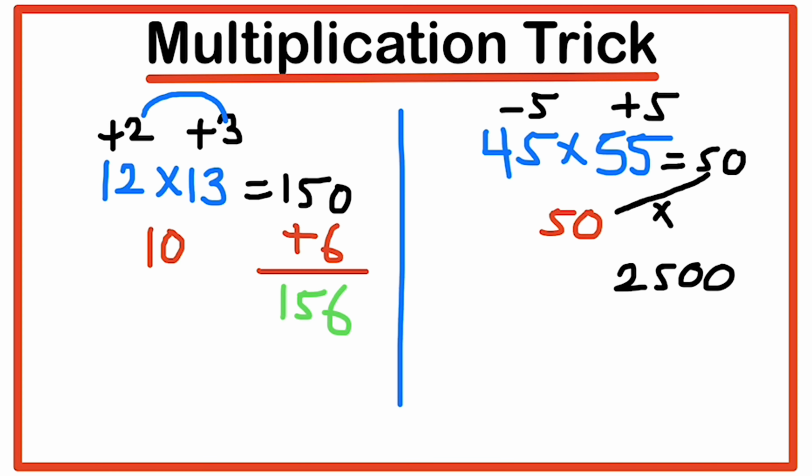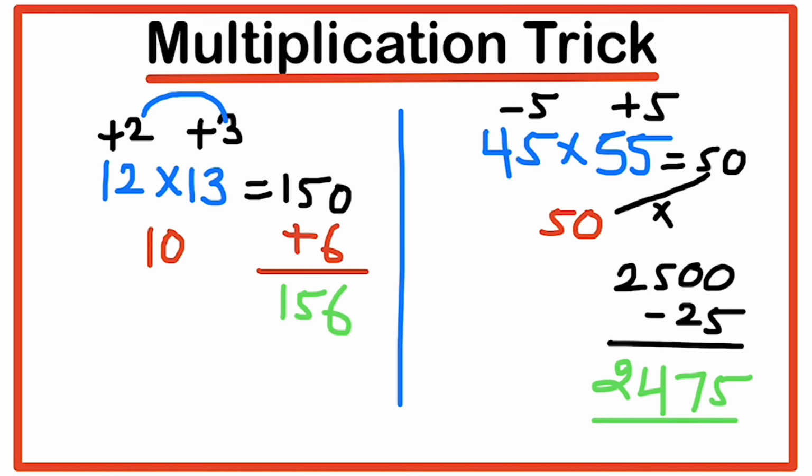In the previous case as well, we multiplied 15 with 10, so it became 150. Here also we just multiplied that with the base, so it became 2500. Now we will add the same thing: multiply these two numbers, so that will become minus 25. So we will just write minus 25, and our answer will be 2475. See, it was so quick and so easy to do.